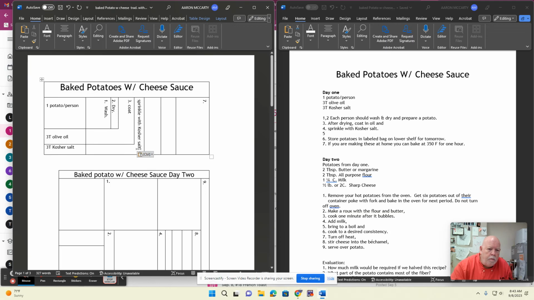So all you need to do is sprinkle. We're going to sprinkle the kosher salt on what we already have. That's step 4. I'm going to put a 4 there. Step 5 is blank, so don't worry about step 5. I apologize for that.